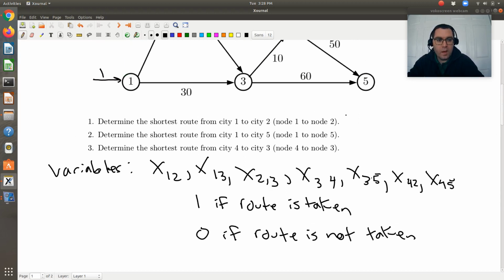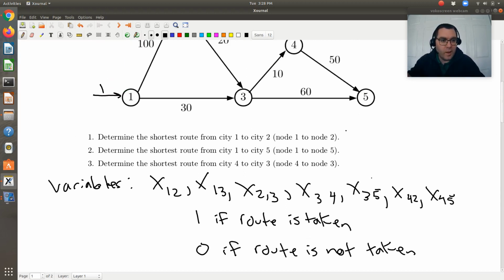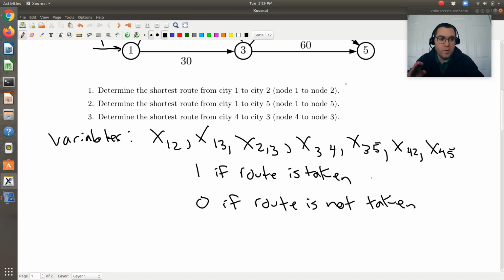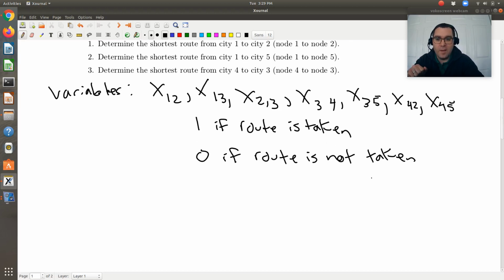Okay, and so we'll always apply our non-negativity constraint. We're going to formulate this as an integer programming problem, so we'll have our integer constraint. And so basically we're going to add a system of constraints that all of our variables are going to be less than or equal to 1, which will force this binary nature of our variables. Okay, but we'll come back to that as we set it up.